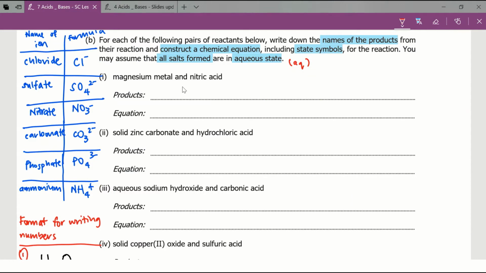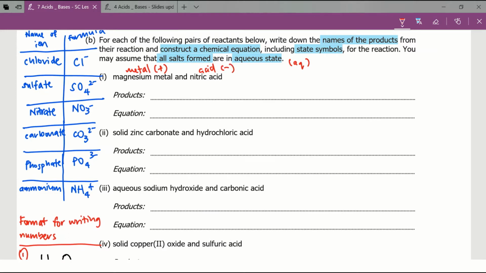Okay, so the first one, we have acid reacting with metal. So we should be getting salt plus hydrogen gas. So what are the products? For the salt in this case, the positive ion is taken from the metal, and a negative ion is obtained from the acid.